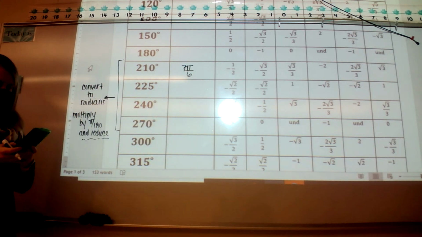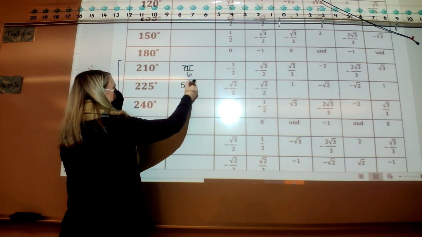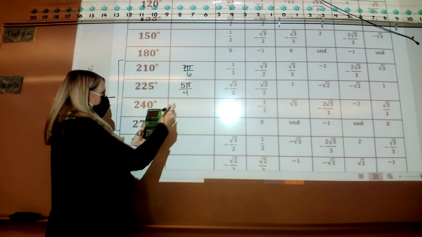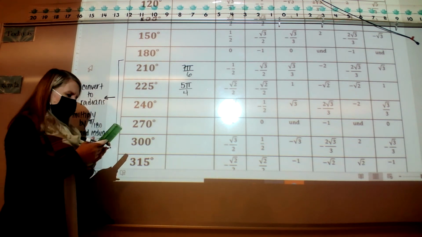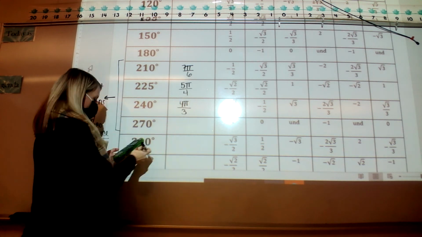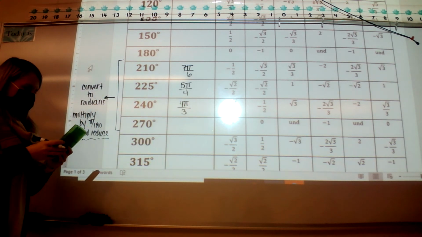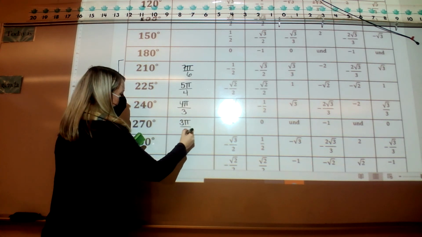For 225, it comes out to 5 pi over 4. Again, just reducing it right in my calc. 240 is 4 pi over 3. And 270, what would that be? 3 pi over 2. Okay, so that was quadrant 3.